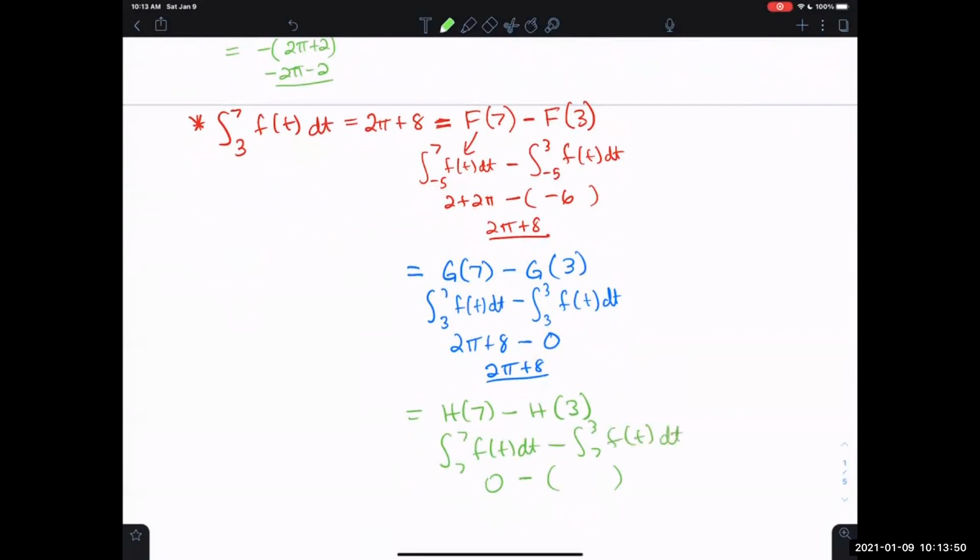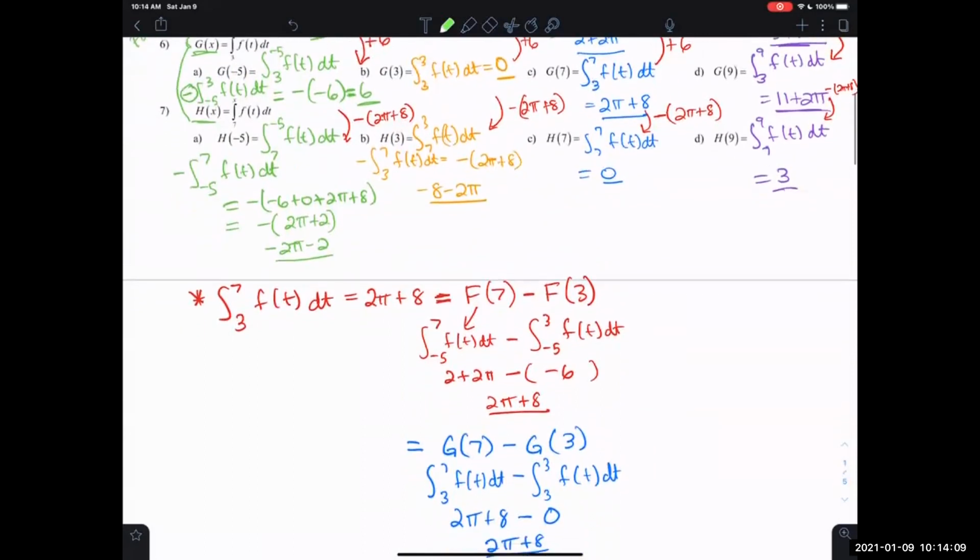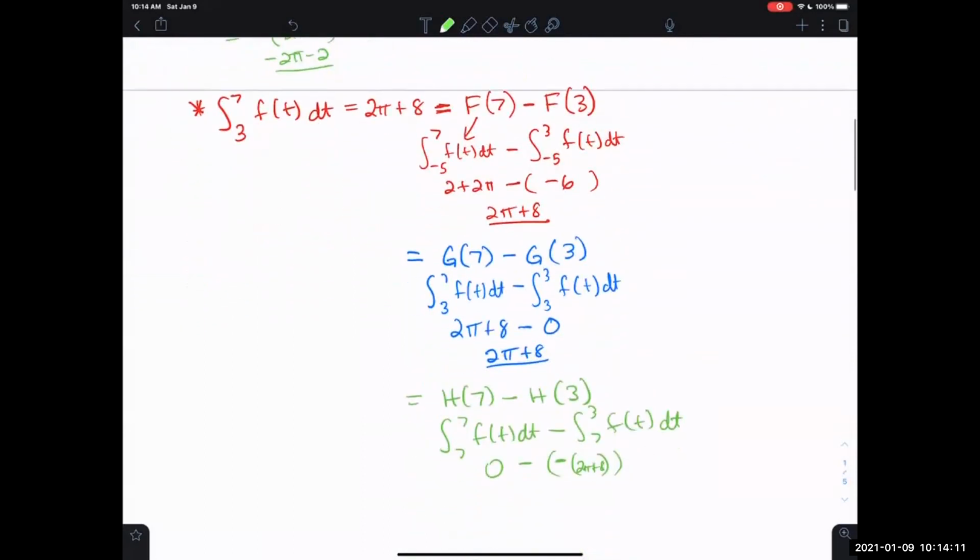Remember that it's out of order, if you will, so I need to also take the opposite of whatever that is, and that was 2 pi plus 8. So the opposite of that, but then you're subtracting, so you end up with positive 2 pi plus 8.